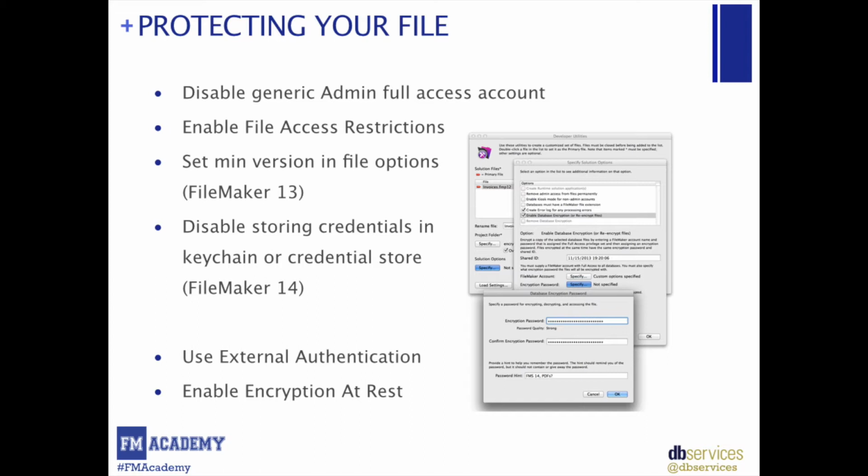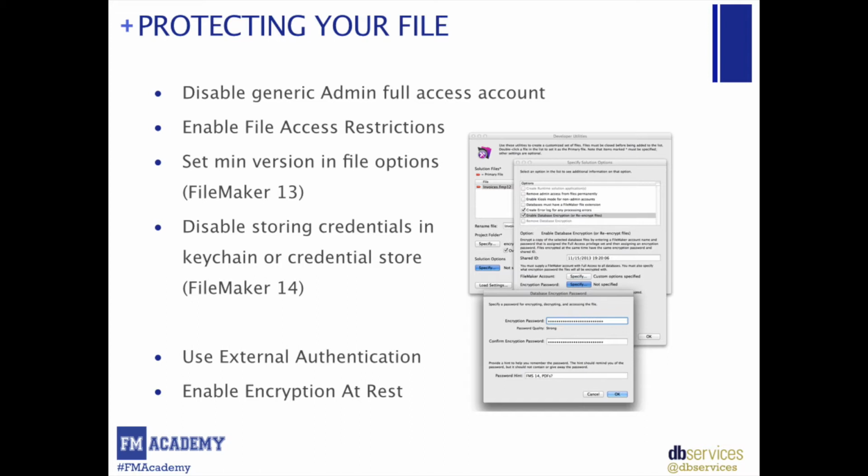Setting a minimum version in file options is a feature that's available in 13. Setting the minimum version just ensures that everyone using the system is using it as you intended it to be used. New with FileMaker 14, you can disable storing credentials in Keychain or the credential store.